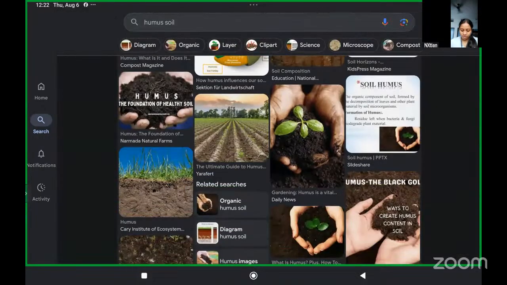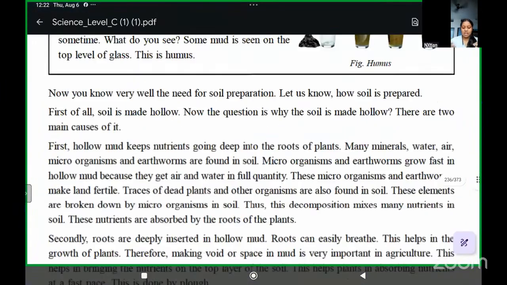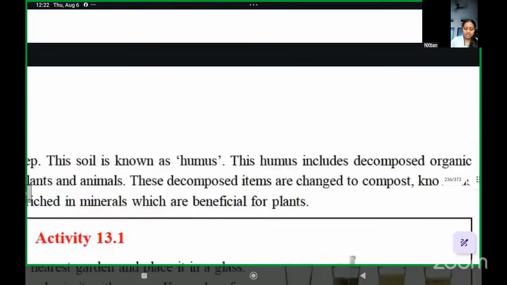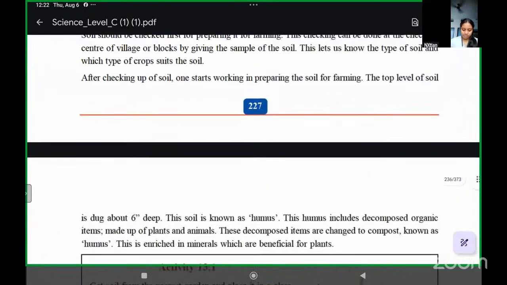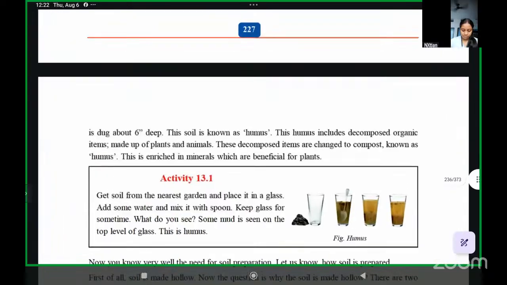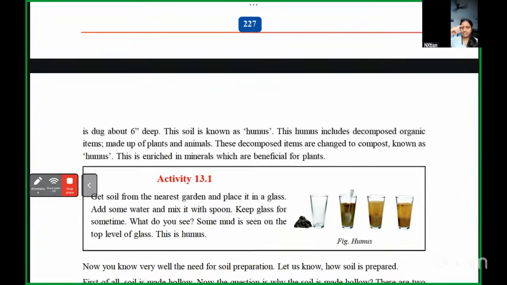Now this we dig, 6 inch. And this is humus. Now this is decomposed organic matter and this is made into compost.